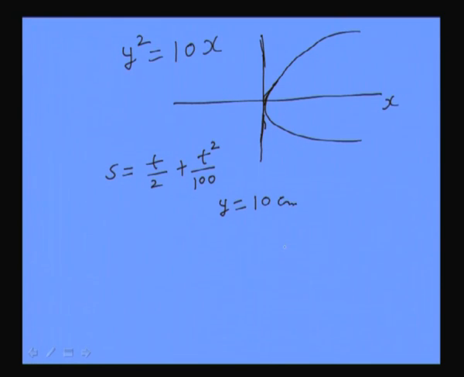At that point, how do we find out the acceleration? You have a known relation between s and t. s is the distance travelled by the particle.